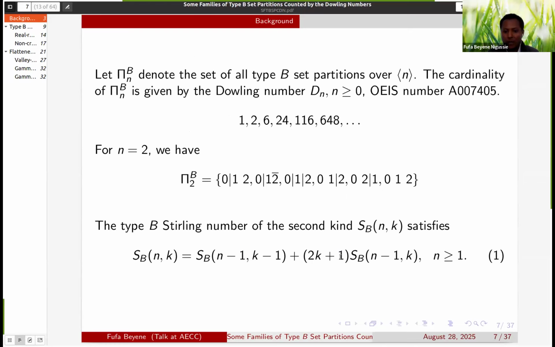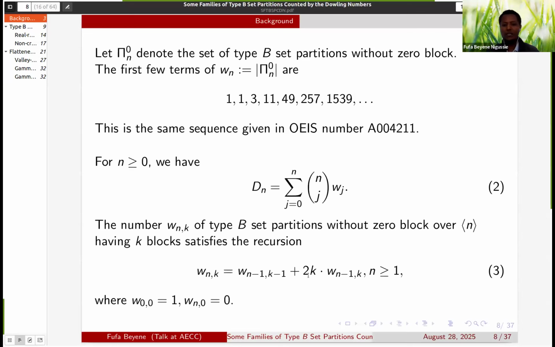This 2k plus 1 means the plus 1 here corresponds to the zero block. And we have those pair of blocks, that is 2k plus 1. But now we have just 2k, since the zero block is disregarded. So this is the recurrence satisfied by this class of type B set partitions.